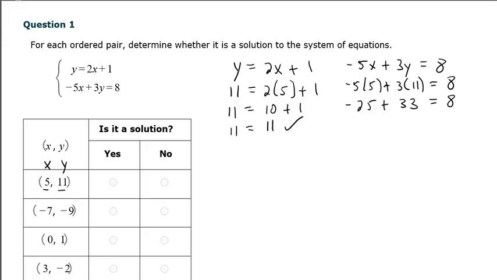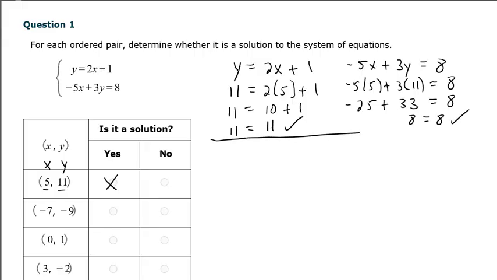And negative 25 plus 33 is 8. So again, since the left-hand side equals the right-hand side, this is a solution to the equation. Since 5 and 11 were solutions for both, then it is a solution for the system.